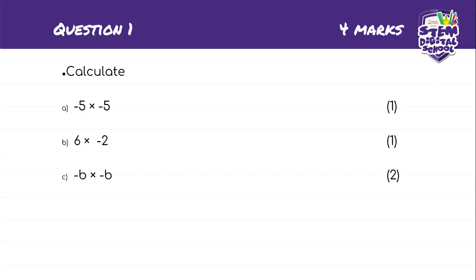Now the third one is -b times -b. I see Fizana says 6 or 0. Right, we are now busy with C, Fizana.